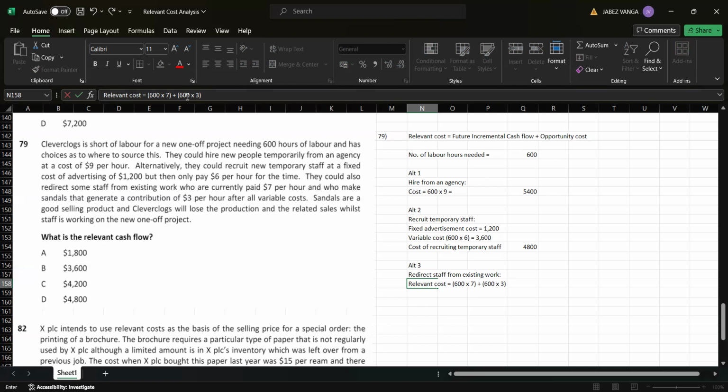As many number of hours they use, whatever is the contribution per hour, that has to be foregone. That's the second part of it, which is an opportunity cost.